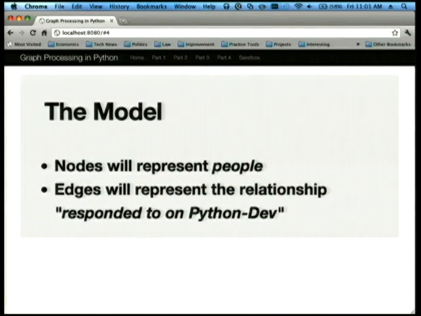If anyone's heard of Malcolm Gladwell's book, Blink, I believe, where he talks about these super connectors, the people who, if you get the message to them and they tweet it out to everybody or email it to everybody, all of a sudden everybody knows about it. So do we have these sorts of things in Python Dev? In terms of the model, well, I've already given you the answer.